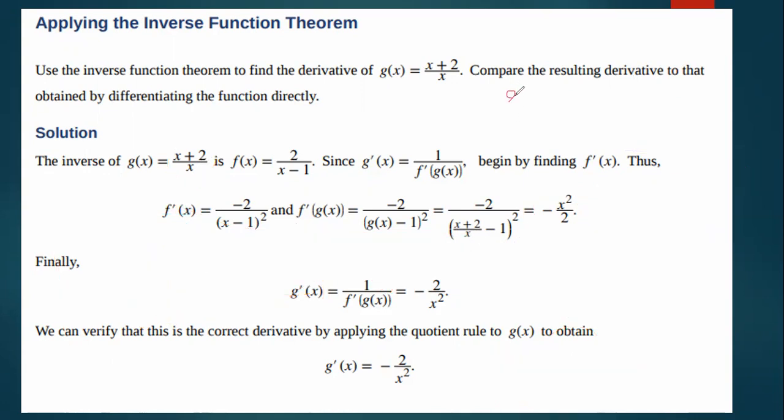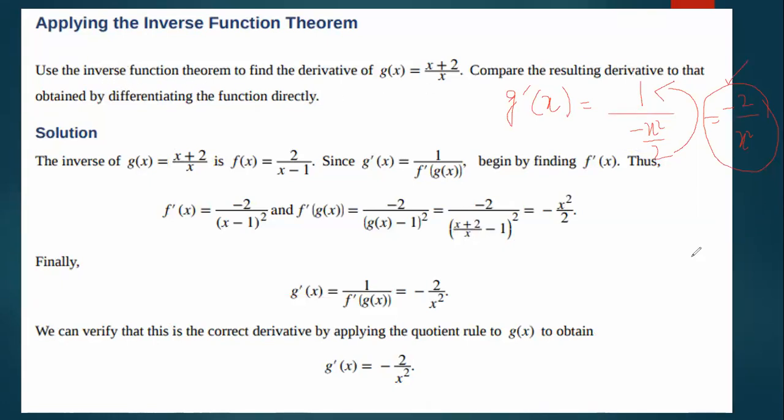Now according to the formula, g derivative of x will be 1 divided by the function, so it will be -x square divided by 2. So this will be multiplied here. So the answer will be minus 2 divided by x square. So this is the answer of my equation.